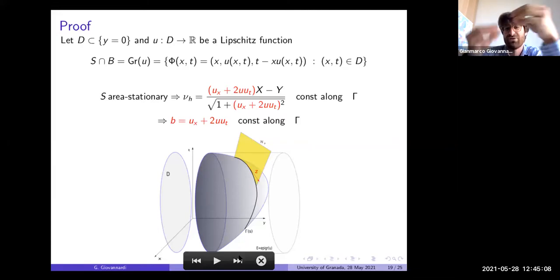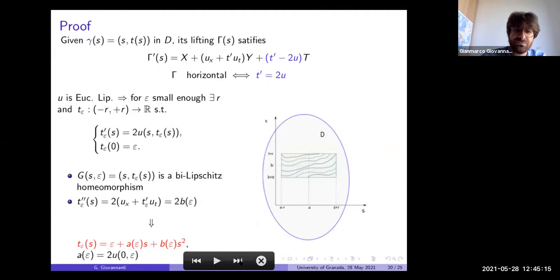Because we are stationary, we have proved that a stationary surface is foliated by straight lines, and so we can consider a parameterization of a curve on the domain D, s to gamma(s), and we can lift this little gamma to a general curve capital Gamma of S. If we compute the derivative, we see that we have an extra term in the third component.